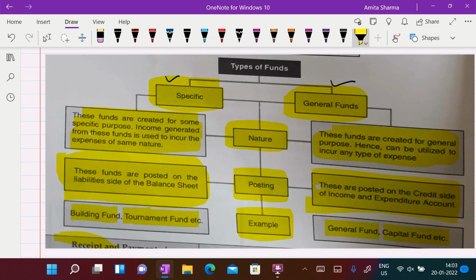So today we will recall and understand the theory up to here, and tomorrow I am coming with the next video of not for profit organization. There we are going to discuss in detail the receipts and payment account, the items which come in the receipts and payment account, and from receipts and payment account to income and expenditure account, and then we will prepare the balance sheet. We will study all the formats in tomorrow's lecture, and that's all from my side.